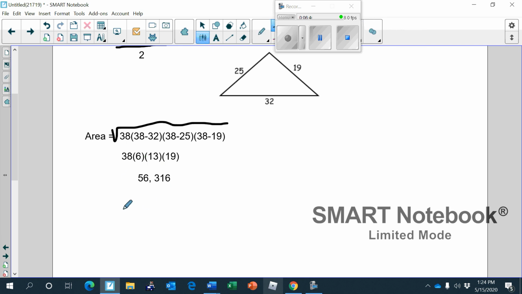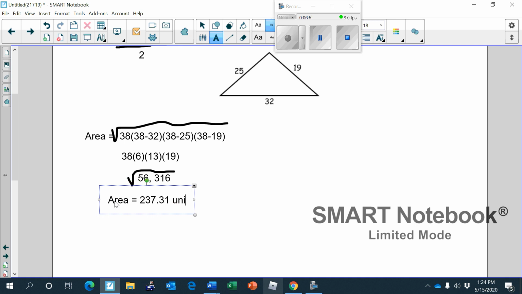And again, just make sure you take the square root of that 56,316, and you should get that the area is equal to 237.31 units squared. Okay, and again, that's it.